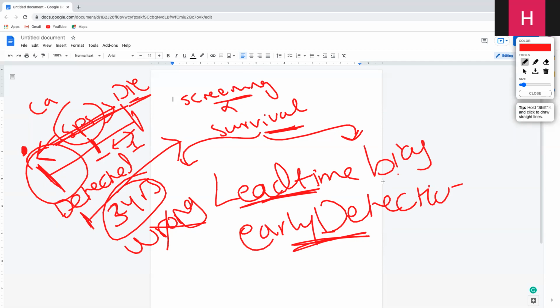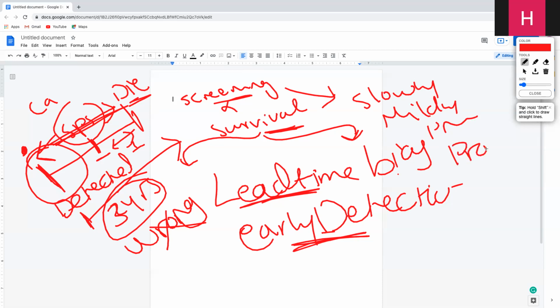It's a biased information. The other way, if I told you that I have a new screening test, but this screening only detects slowly or mildly progressive disease. For example, in prostate cancer, right? In prostate cancer, usually it has a slow progression, right?